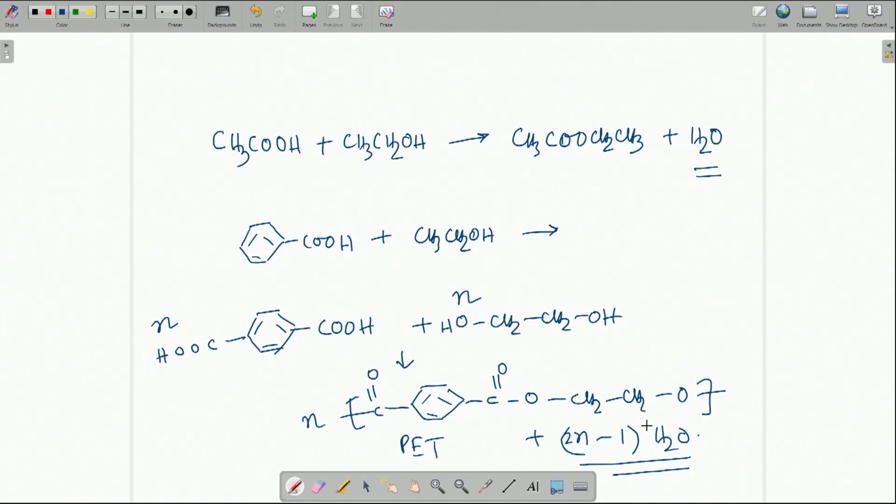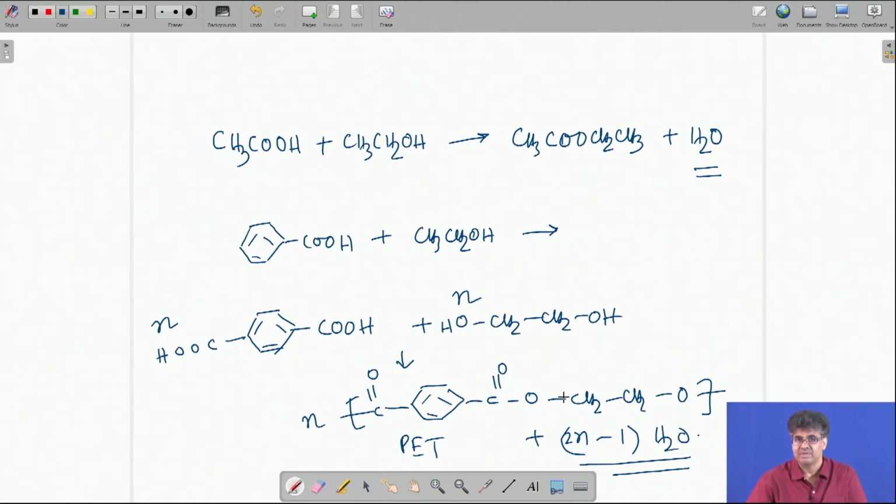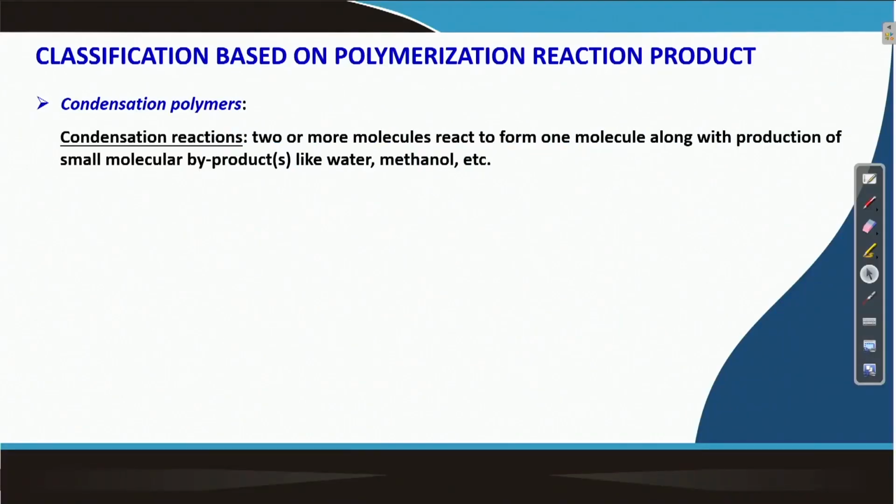So, this is one example, and we will give several examples eventually when we go forward and learn condensation polymers, like the bisphenol A polycarbonate example, which we have discussed in the last class, which again is an example of a polycondensation polymer or condensation polymer.